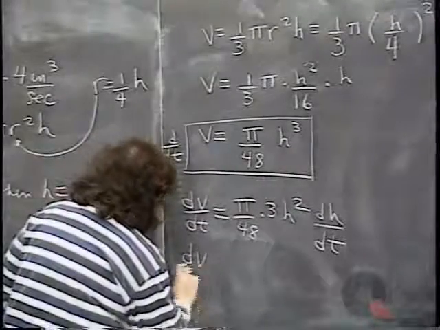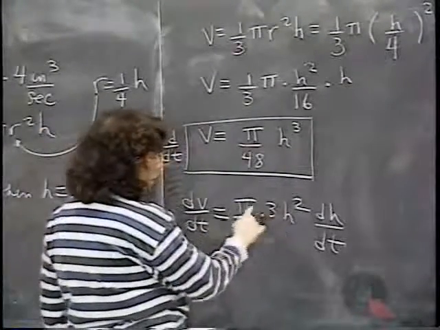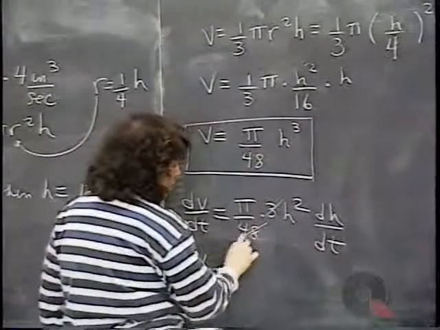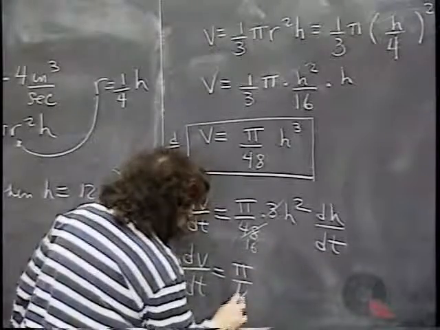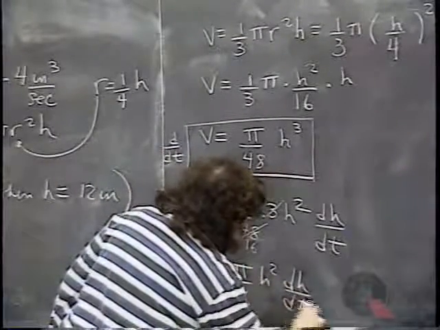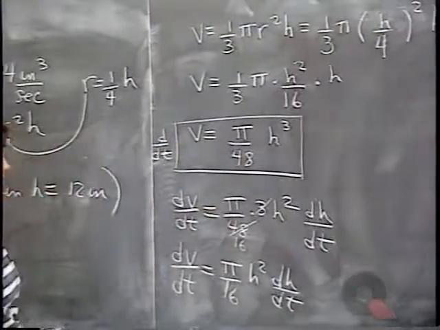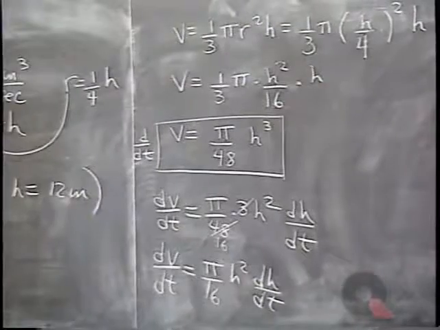Or dV/dt is, okay, 3 goes into 48 16 times, so pi over 16 h squared dh/dt. So dV/dt is pi over 16 h squared dh/dt.